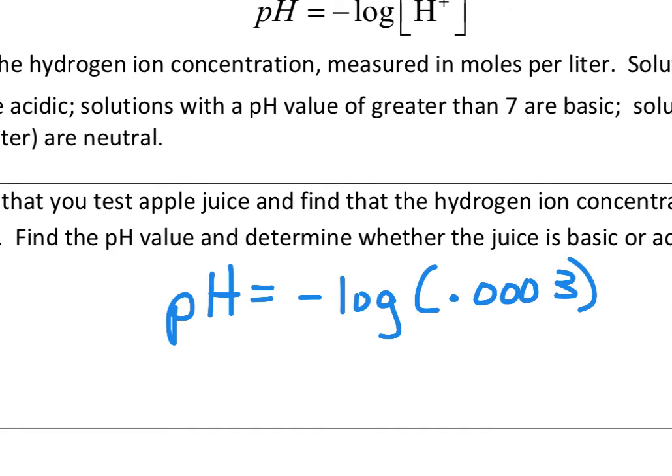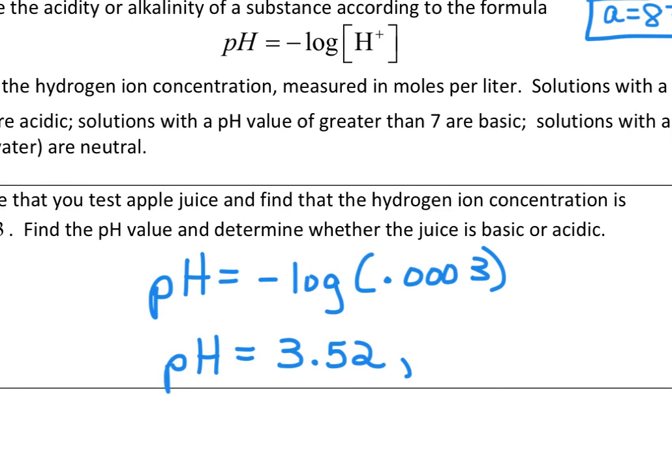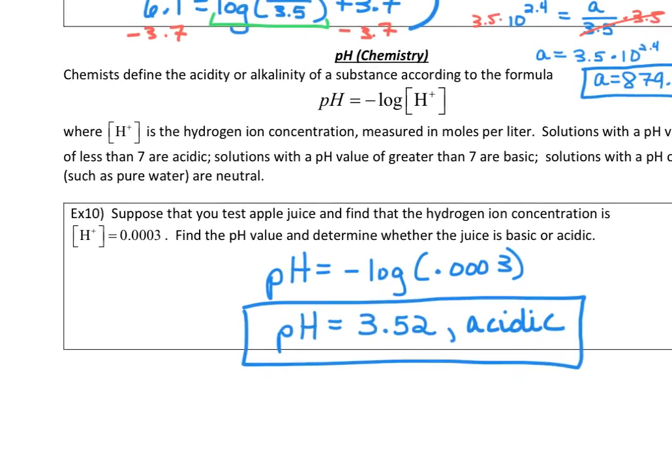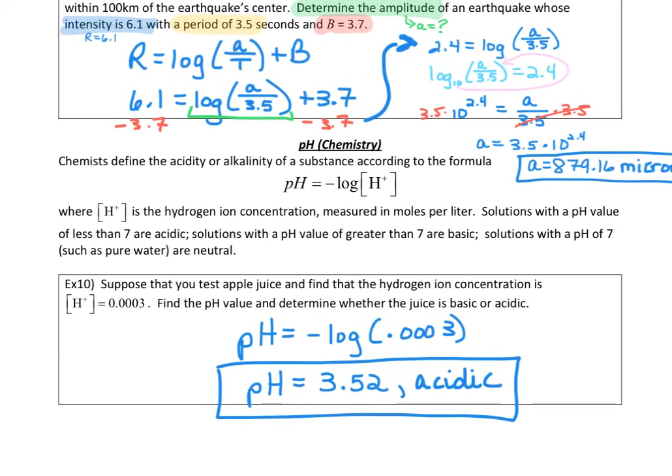Again, type that into your calculator or Desmos: negative log, and it's common log, of 0.0003, sorry, there are 3 zeros. And you find that the pH is 3.52, and anything less than 7 is acidic. And it probably does not surprise you that apple juice is acidic. So is orange juice, by the way.